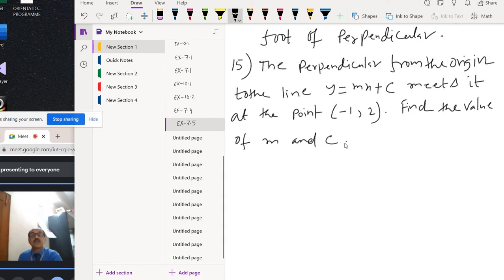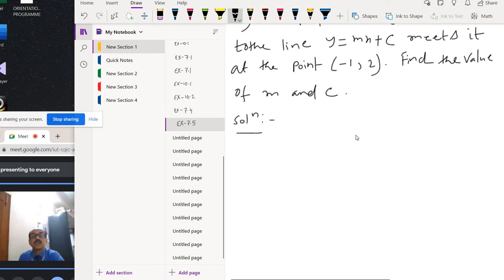So the perpendicular from the origin to the line y equal to mx plus c meets it at the point minus 1 comma 2. Find the value of m and c.